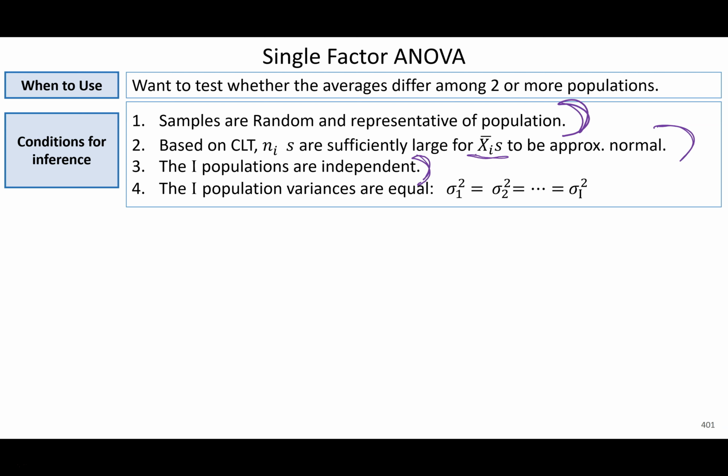We want to know that the populations are independent from one another. You can't have an observation in one group that's also in another. They have to be totally independent groups. And then one thing that we're looking at too is the population variances are equal. And we will have a rule of thumb that we use to look at if they're close enough, and we will go through that.